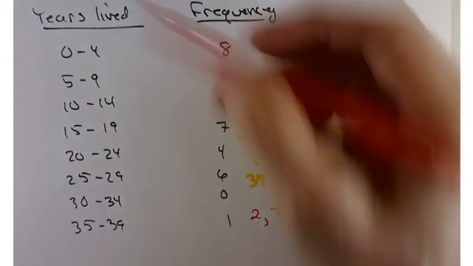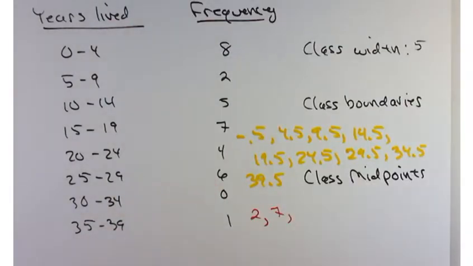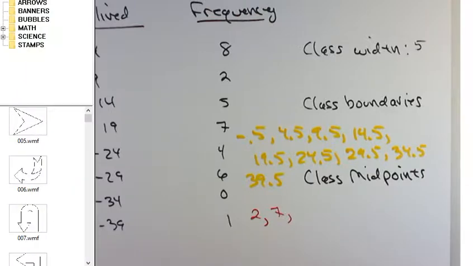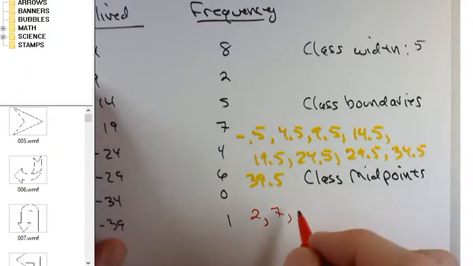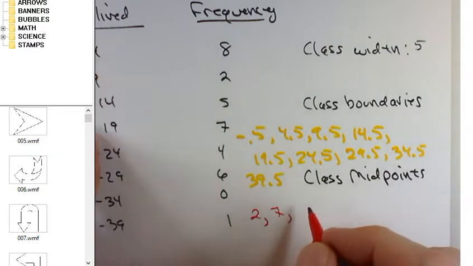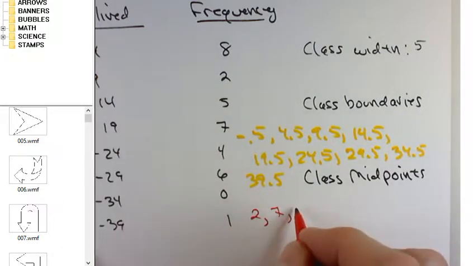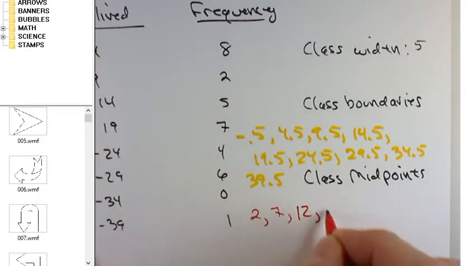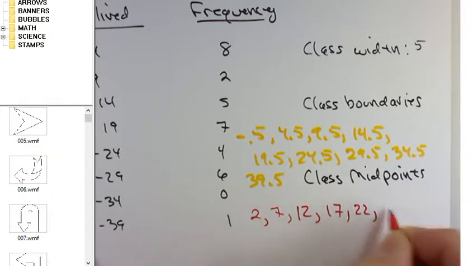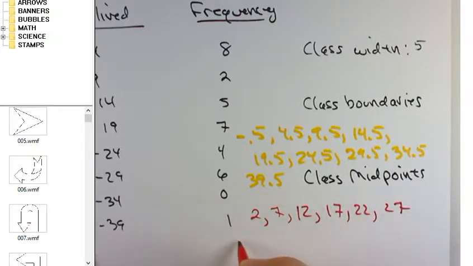A lot of times this is handy because as you do things on a computer, it's nice to have your x-axis labeled, so you'll use the class midpoint for that. So just keep on adding 5: 12, 17, 22, 27, 32, and 37 would be your class midpoints.